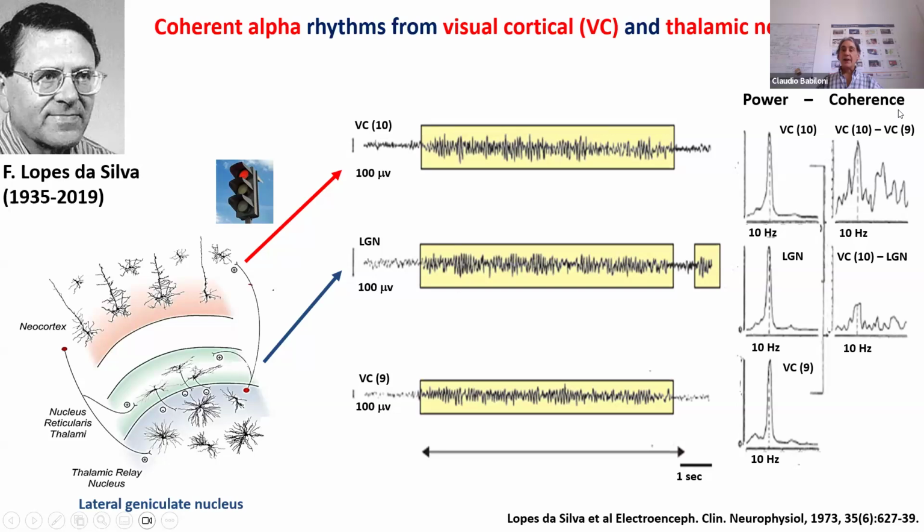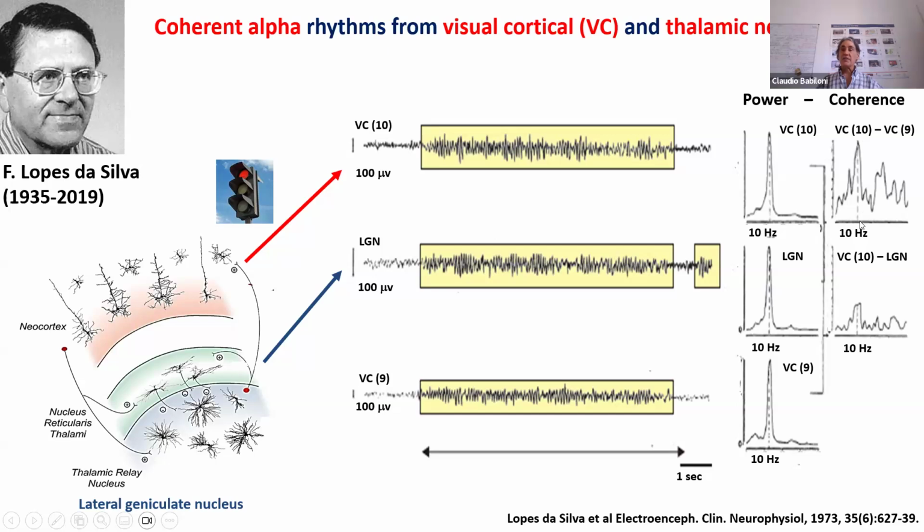In the right part of the picture, you see also the coherence spectra. And the coherence spectra show the phase relationship between EEG activities in between two electrodes, in the upper case from electrode 10 and electrode 9 from visual cortex.